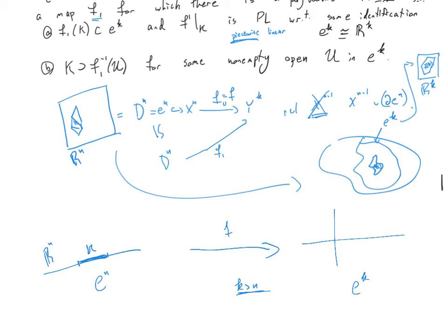Now, K is piecewise linear, so its image looks something like one of these sorts of things, a bunch of intersection of hyperplanes.